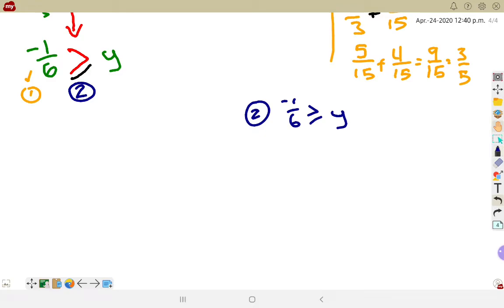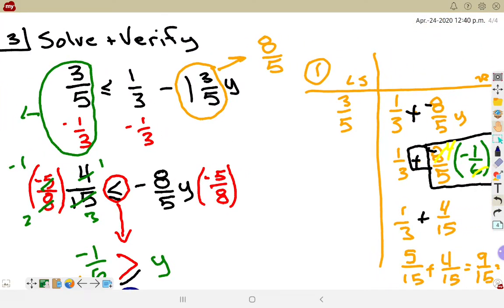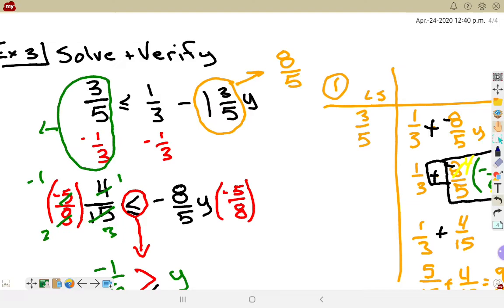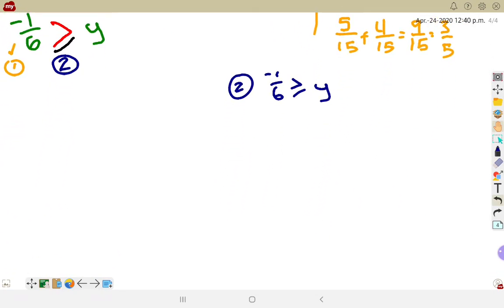When I look back at my original inequality, y is being multiplied by something with a denominator of 5. So I'm going to try and pick some multiple of 5 for y. Let's say just y equals -5. That should be easy. So I'm going to rewrite my inequality as it started.